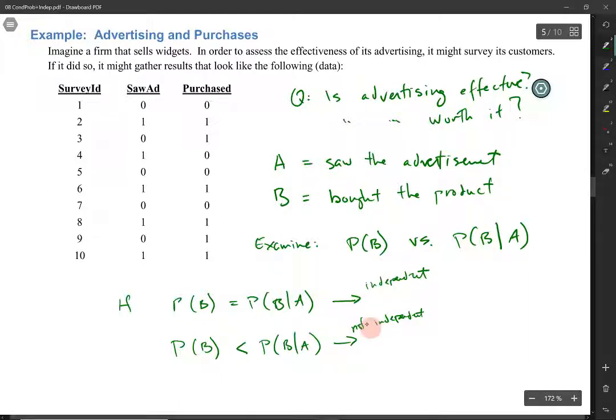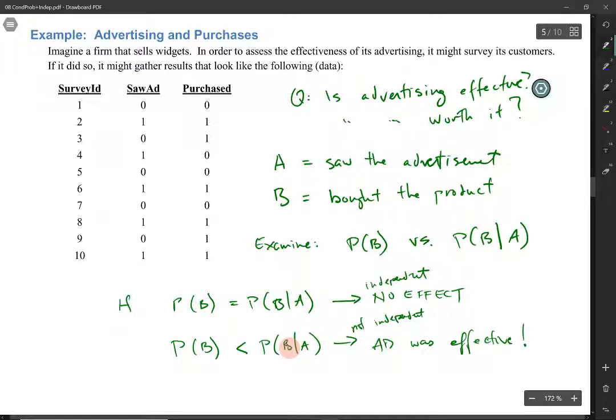So if it's independent, that means that what? Right? If it's independent, it means that there was no effect. Whereas if there's a general likelihood to buy this product, however, of the ones who saw the ad, the probability of buying the product increased, then what? The ad was effective.